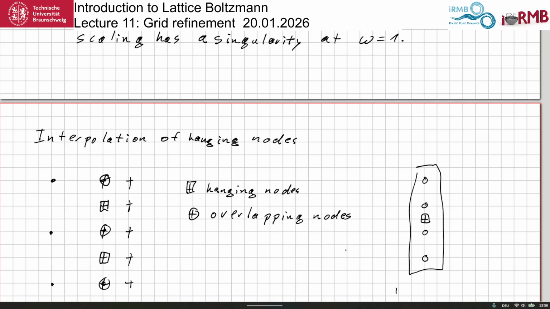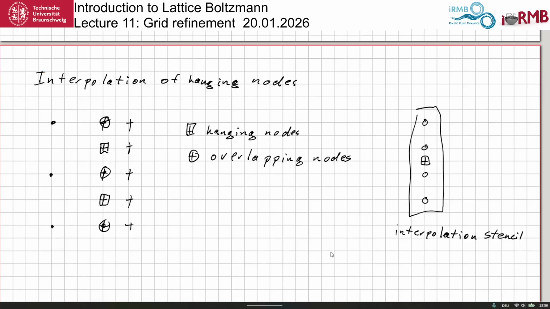This is the interpolation stencil required for quadratic interpolation and symmetry.